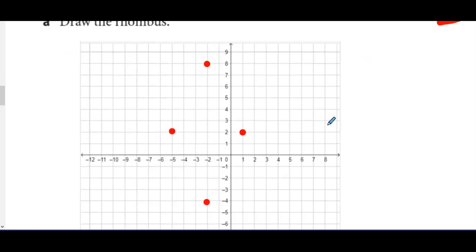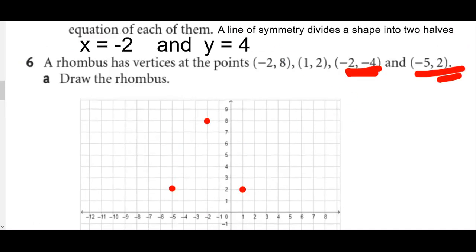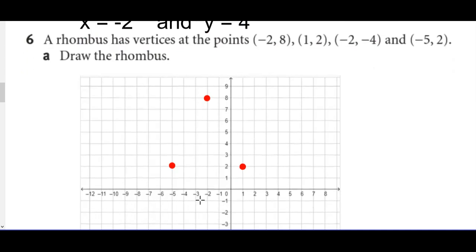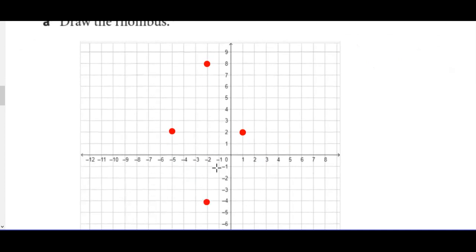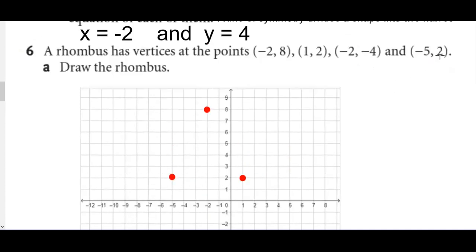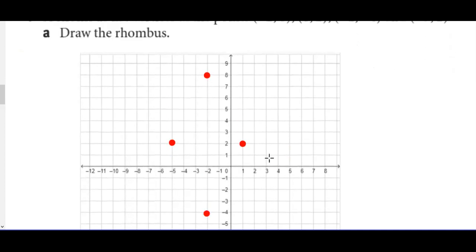Okay, there we go. Now, what is the question? The question is, a rhombus has vertices at the points (-2, 8), (1, 2), (-2, -4), (-5, 2).